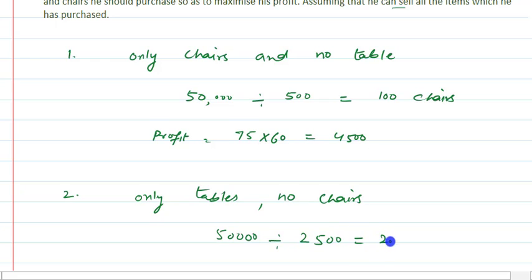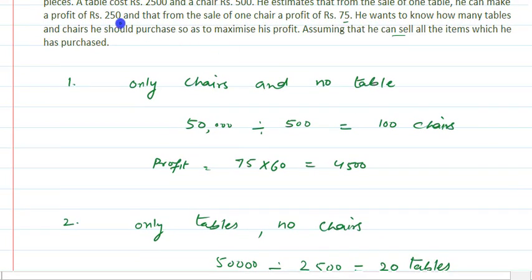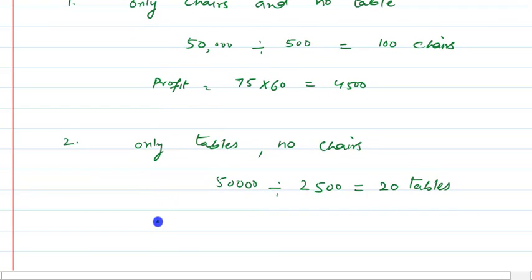So he can purchase only 20 tables. Now he is getting a profit of rupees 250 on one table. So the profit he can make on this purchase will be equal to 20 into 250, that is 5,000 rupees.